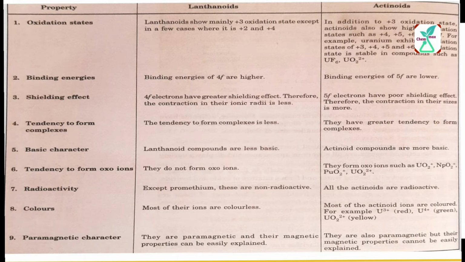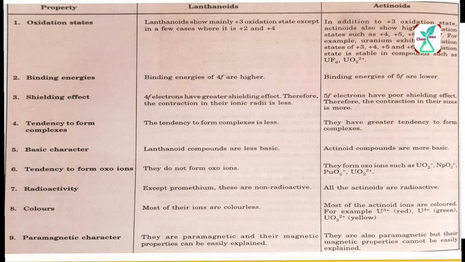Once again, lanthanides and actinides show a decrease in covalent and ionic radii with increase in atomic number, which is also called lanthanide contraction and actinide contraction. Elements of both series have low electronegativity and are very reactive.